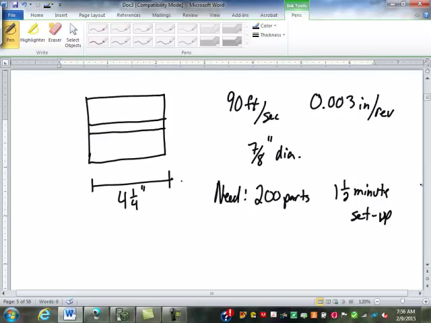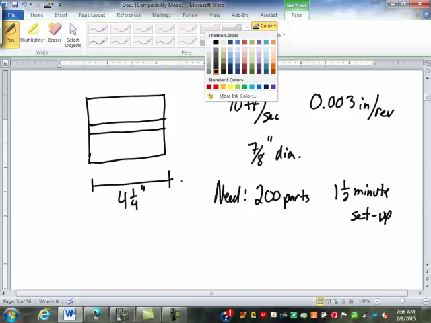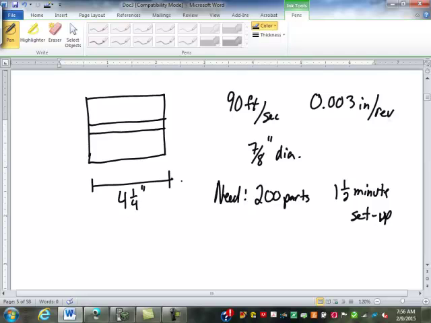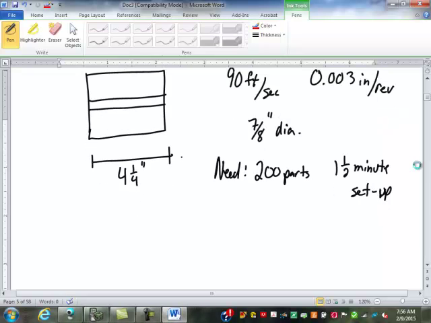So that's per part, 1.5 minutes. How much labor time do you need to put into this bid for this particular task? So we need to find the cutting time of cutting that groove. Where are we going to start?